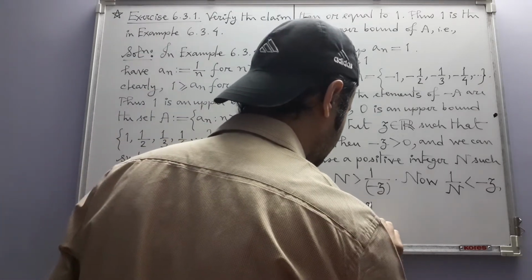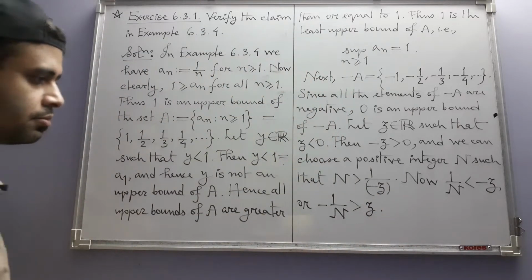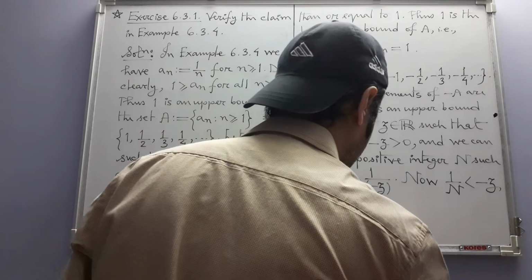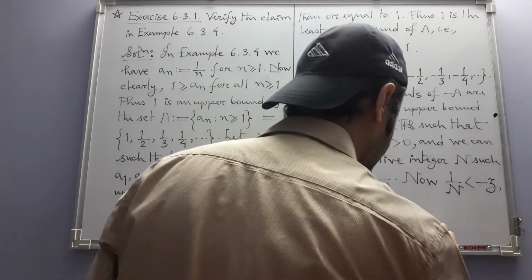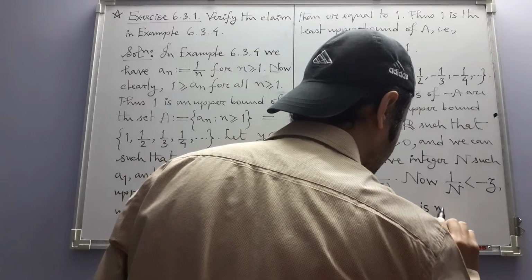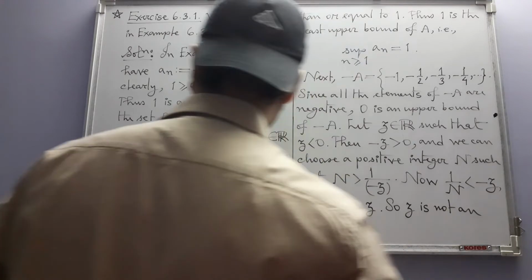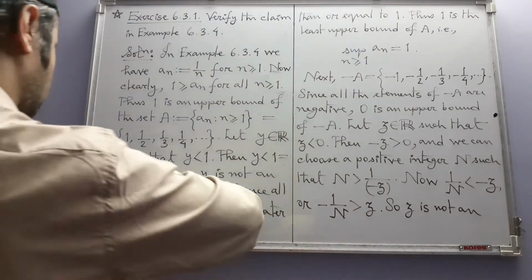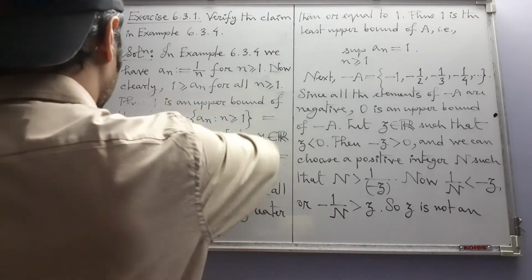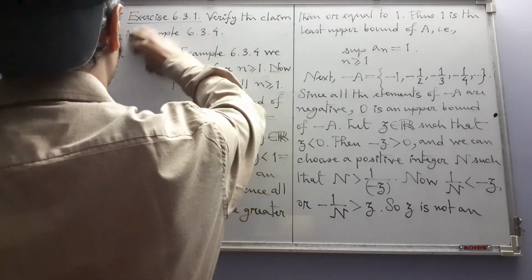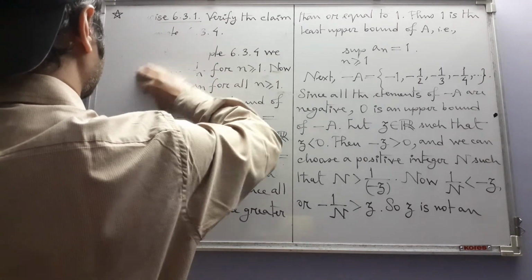This is greater than z. So z is not an upper bound of minus A.